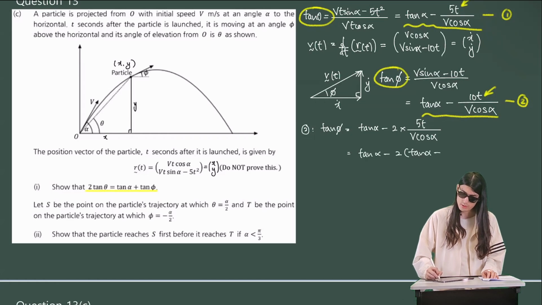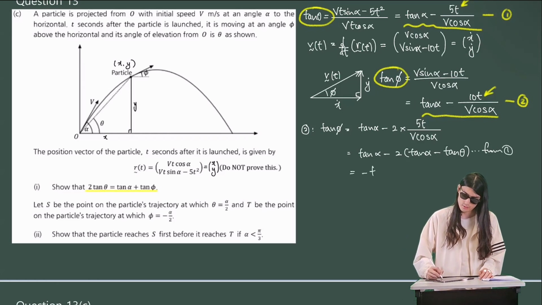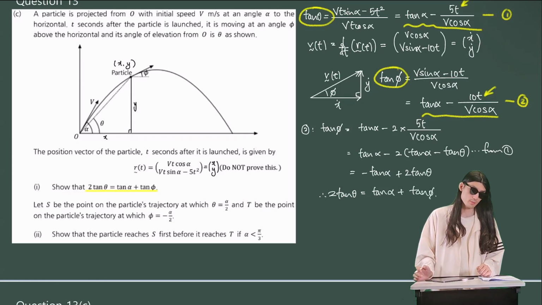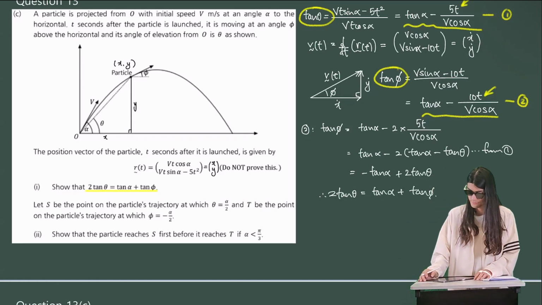Because according to equation number 1, 5t over v cos should be tan alpha minus tan theta. And then if you rearrange what you get, you end up with what the question wanted us to obtain. 2 tan theta is equal to tan alpha plus tan phi.